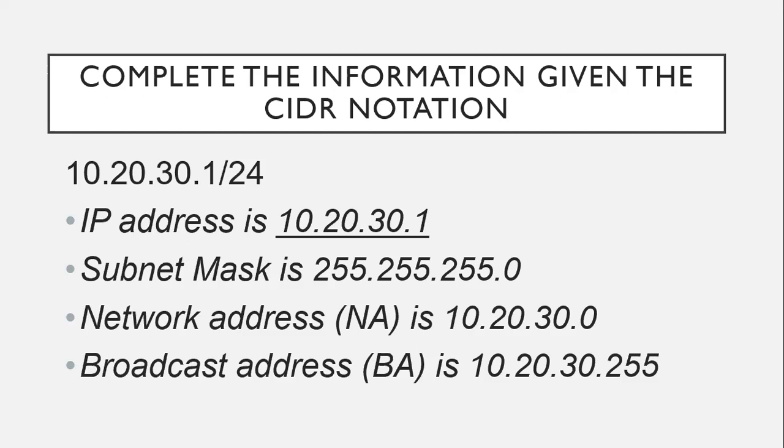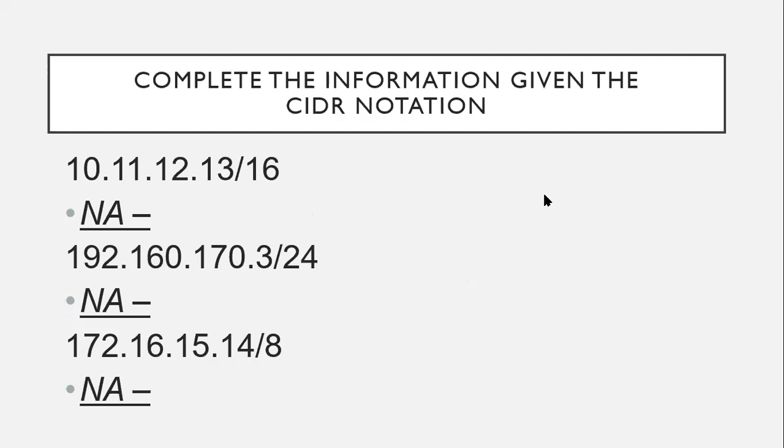Now, let's have another activity. This time, all we need to solve is the network address, because in our next activity, we will be creating subnetworks in our office network.